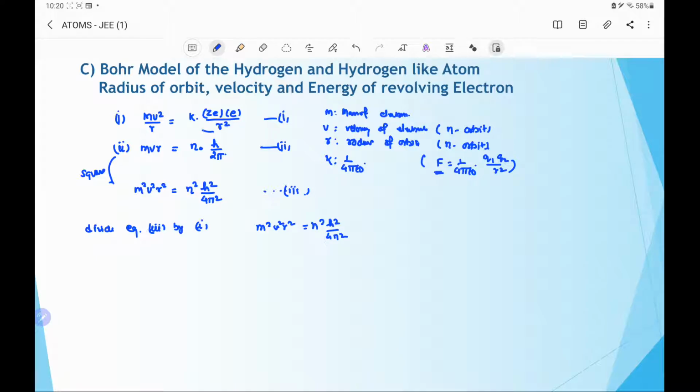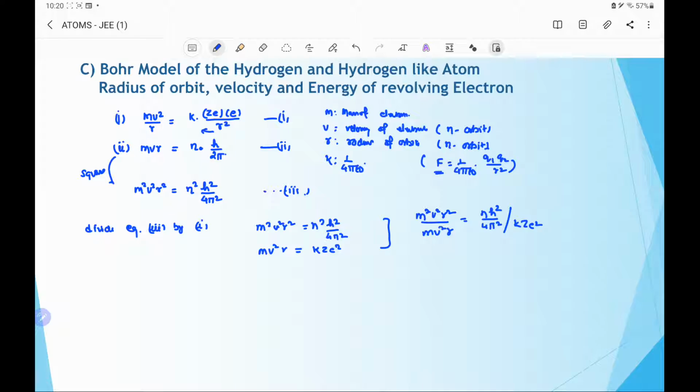If we bring this r square to the left hand side, we have mv square r equal to kze square. On dividing, we have m square v square r square divided by mv square r equal to n square h square by 4 pi square divided by kze square.